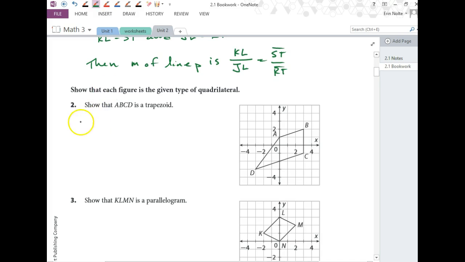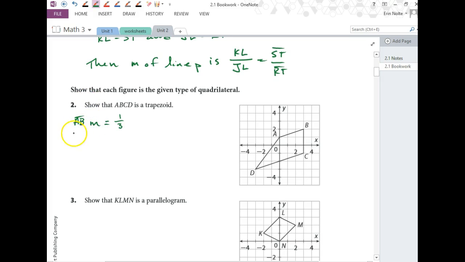Okay, so I'm going to say AB's slope, and I'm going to use the letter M to represent slope, if that's okay with you guys. Okay, so what is the slope of AB? 1/3. Everybody okay with that? It goes up 1 over 3.